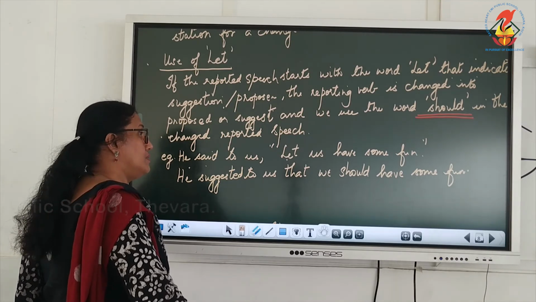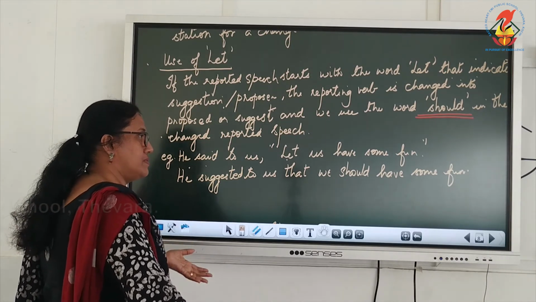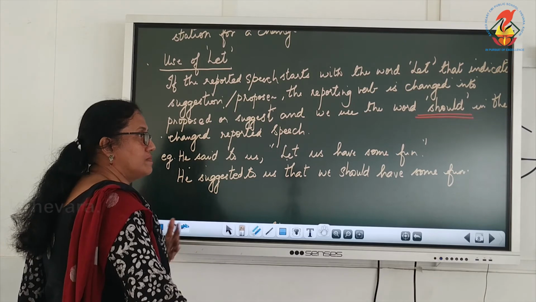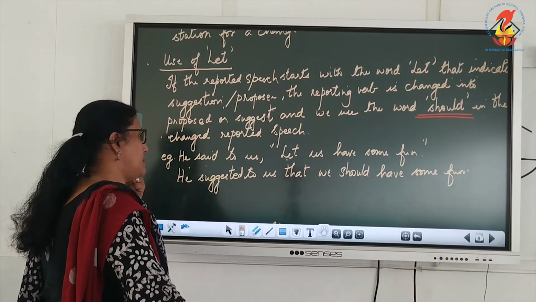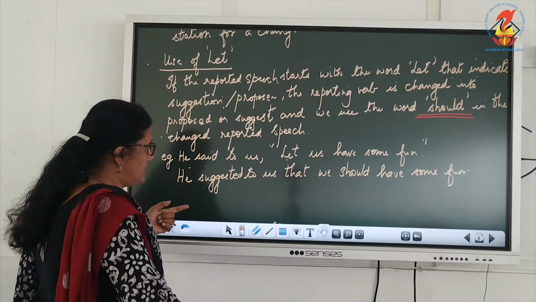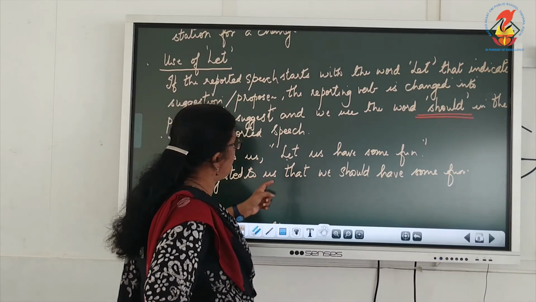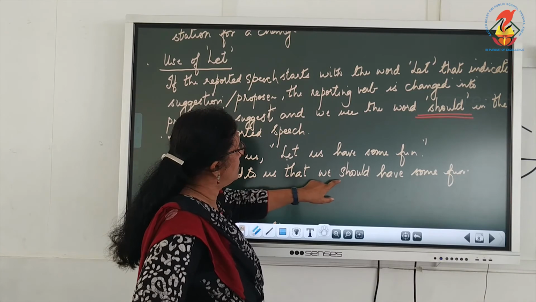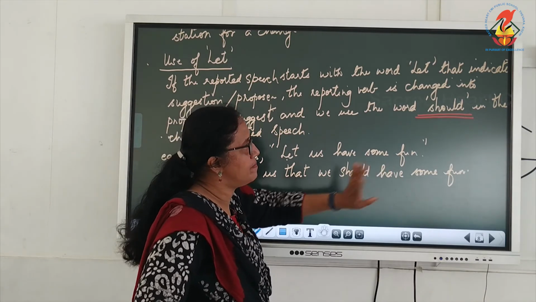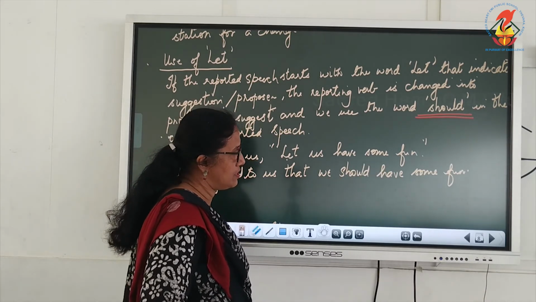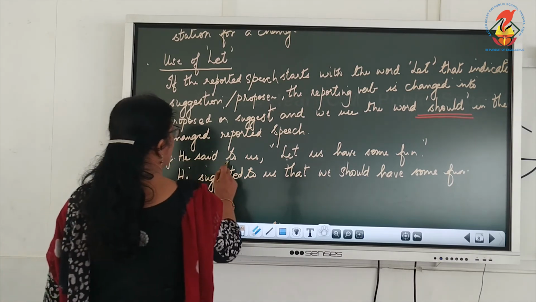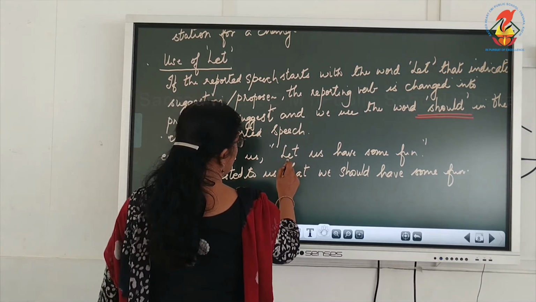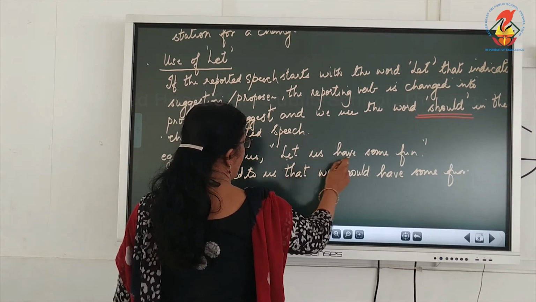So, here you are speaking with your group of friends, and you are the one who is reporting what the other person is saying. So, he suggested to us that we should have some fun. Is that clear, children? If you are not very clear, I will explain this part again. He said to us, let us have some fun.